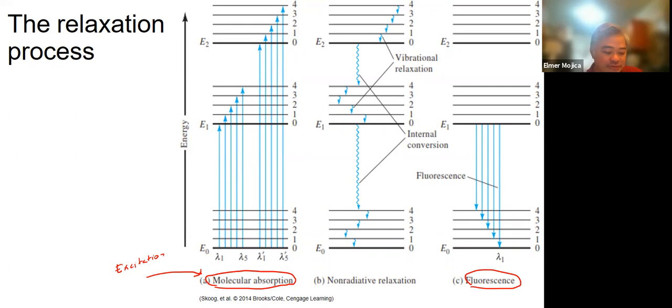Now, if your sample is fluorescent, so what happened from time to time, either it undergo this so-called radiative, non-radiative relaxation or fluorescence. Okay, so here in this molecular absorption or your excitation, you could say the light is absorbed.